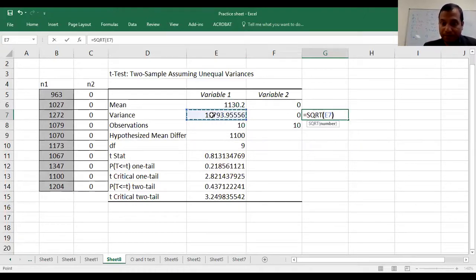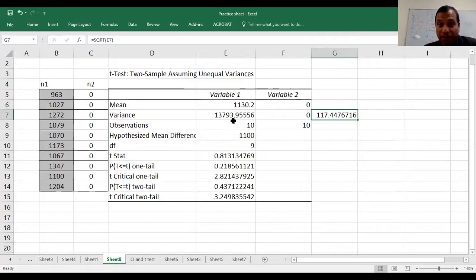Let's see, 117. Yes, the standard deviation we used in this sum is 117.45, the same thing. The hypothesized mean difference, we have taken 1100, and that appears here. Degrees of freedom, DF, 9 we have taken into consideration.